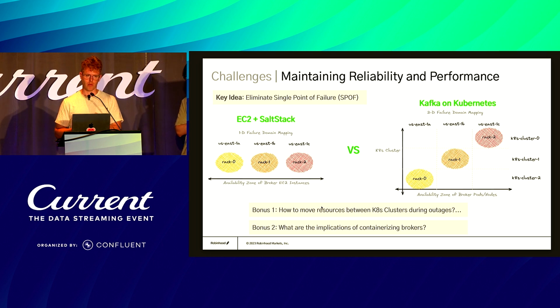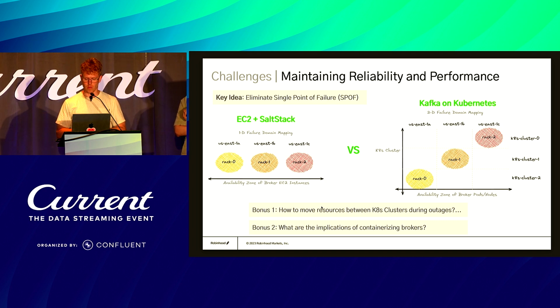And so you treat that as separate data centers in a certain way. We basically have each of those racks in a separate AZ. And then when you think about Kafka on Kubernetes, now we're in this two-dimensional space where we need to map the failure domains. On one axis, we still have the availability zones, but now on the other axis, we have these different Kafka clusters.